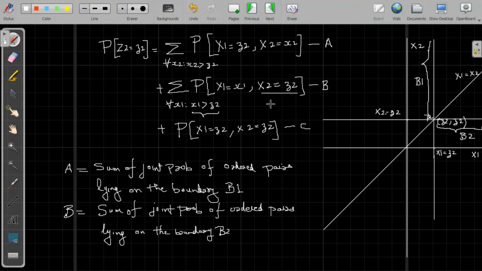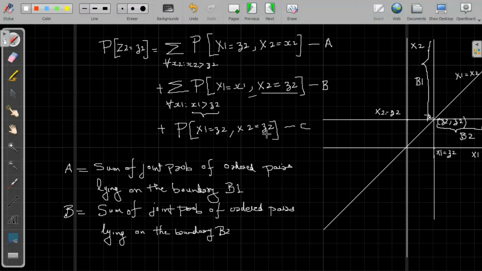So expression B is the sum of all the joint probabilities of ordered pairs that are lying on this section of the x2 is equal to z2 line, only on this section which is lying to the right of point P.